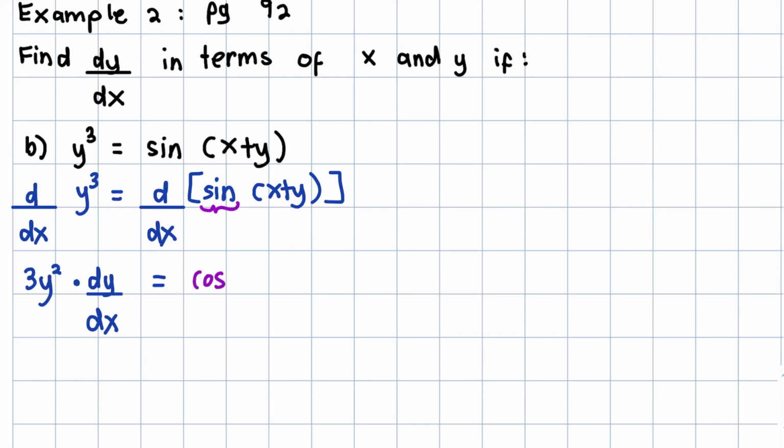So cosine, your inner, just write it back first: cosine of x plus by y. So we have settled differentiating the outer function. Have we settled differentiating the inner function? No, your inner function is x plus by y, so you have to multiply by the derivative of x plus by y. The first term, differentiate x will just give you 1.